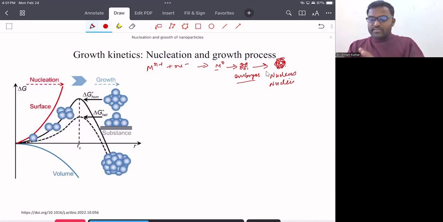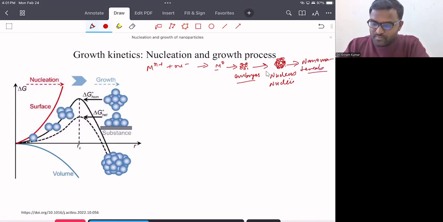So what happens here is the embryos and the nucleus. The nucleus is the critical size of embryos, and once we get the critical size of nucleus, then we will have the growth phase and we get the nanomaterials, right?